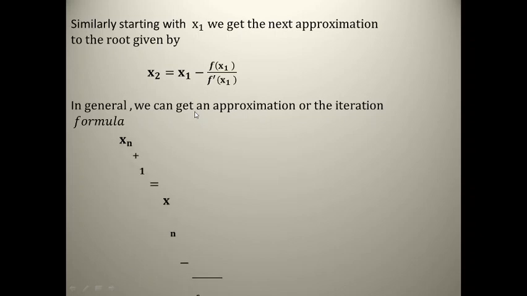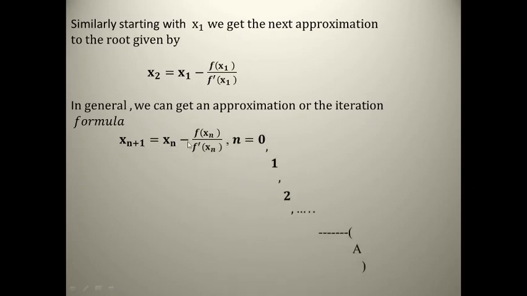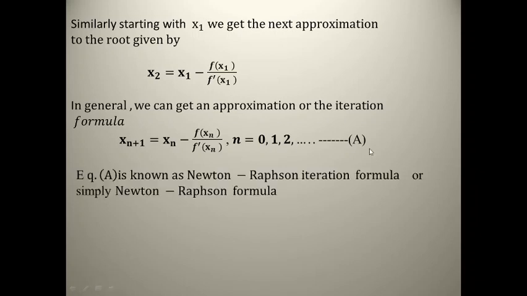So in general, the iteration formula becomes xn plus 1 is equal to xn minus f of xn upon f dash of xn, where n takes the value 0, 1, 2, 3 and so on. This formula is called the Newton-Raphson iterative formula, or sometimes simply the Newton-Raphson formula.